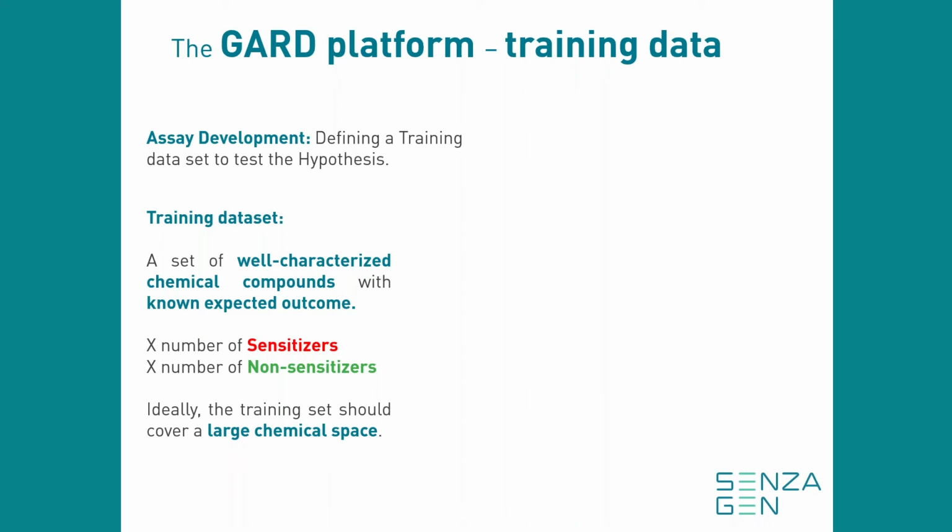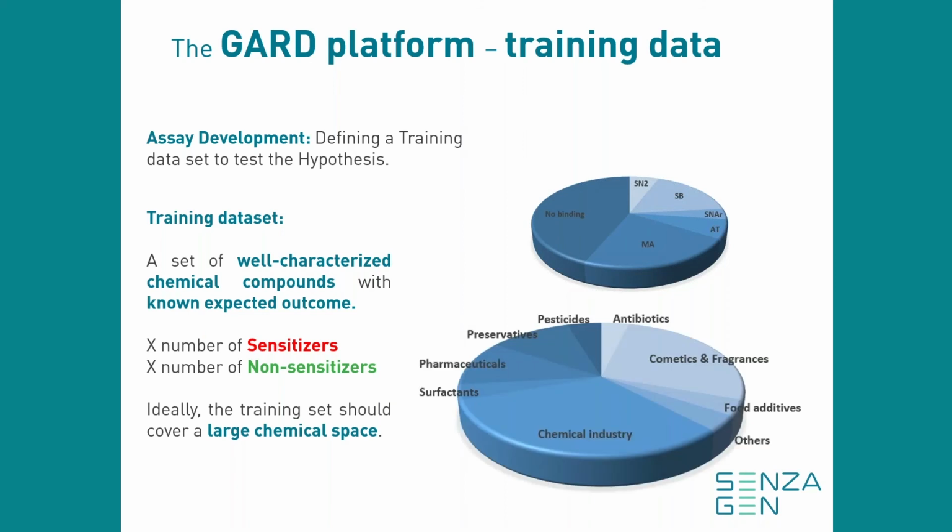The other thing we look for is, of course, that we want the chemicals to cover a large chemical space. This essentially means that in terms of sensitization, we would like to have a good balance between the different reactivity domains, but we also want the different industrial applications represented in our training data set, because this would in the end allow us to study different types of mode of action.